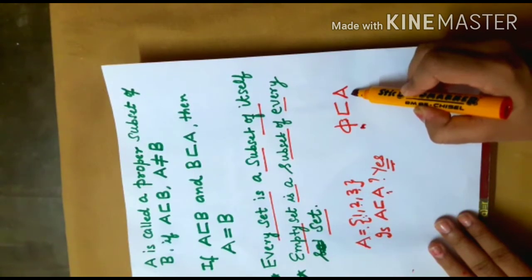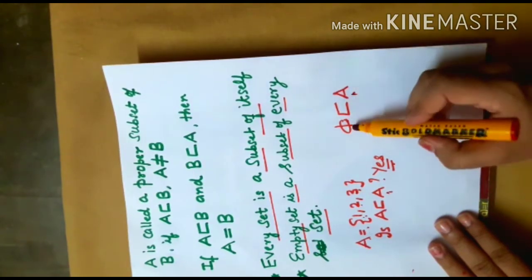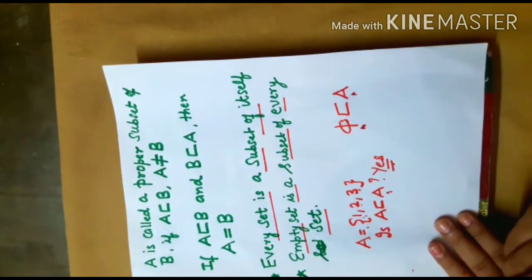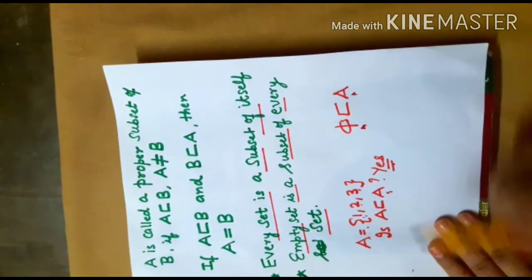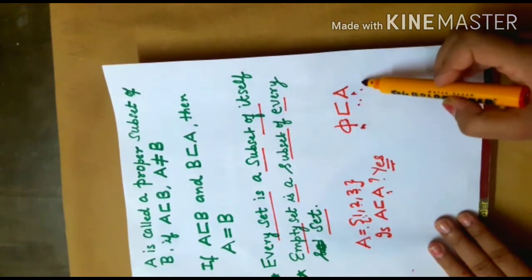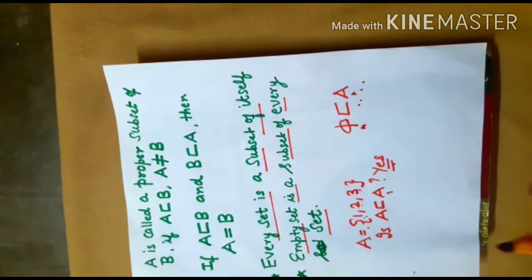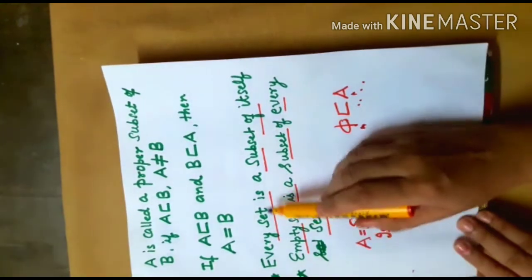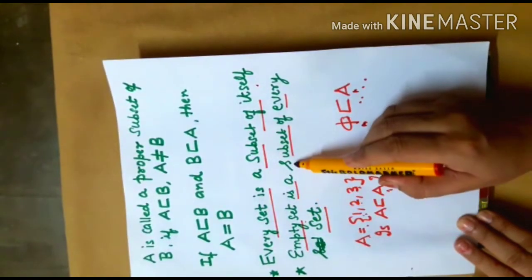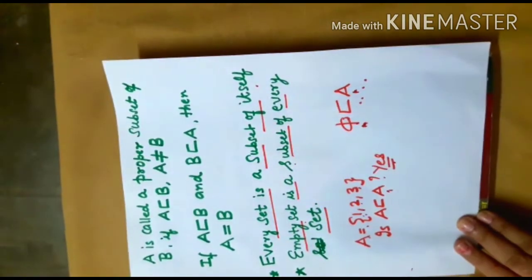No, we cannot find, because φ is an empty set and it contains no element. So therefore, φ is considered as the subset of every set. So remember this, every set is a subset of itself and empty set is a subset of every set.